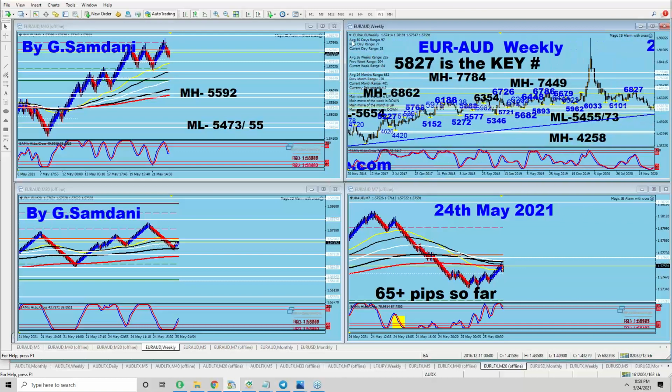You see, this pair has an average 97 pip daily range. That means that from the top to the bottom, every day it moves around 100 pip. Yesterday, when the market opened, it moved 77 pip. Today, so far, after the open, it has moved 28 pip. And the open is exactly yesterday's open.